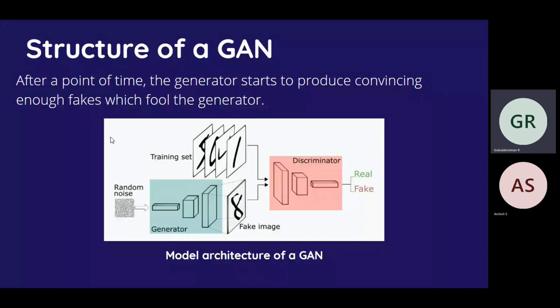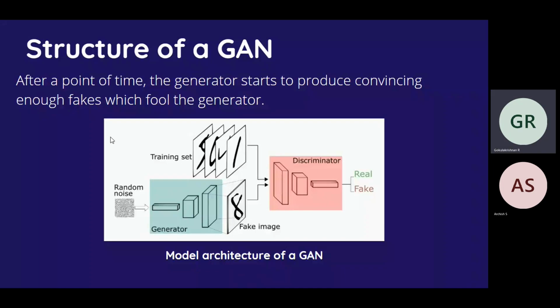By real, I mean the image comes from the training set. By fake, I mean the image is generated by the generator. So the job of the discriminator is to find whether the inputted image is from the actual training set.